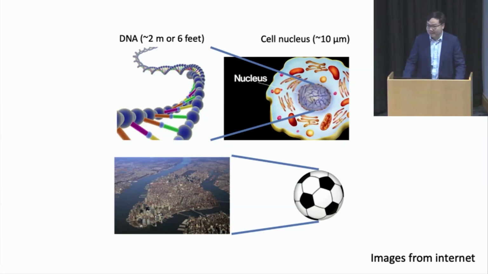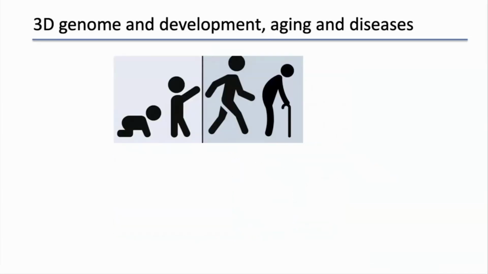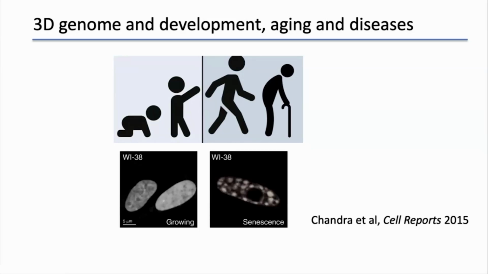Correct 3D genome organization is essential for many genomic functions and for proper physiology and development. And altered 3D genome organization is associated with aging and diseases. For example, here you are looking at just coarse-grained DNA staining of a healthy growing cell, and you can see the DNA labeling inside of the 2 cell nuclei here, and the DNA staining inside of a cell that has gone through this process called cellular senescence or cellular aging.